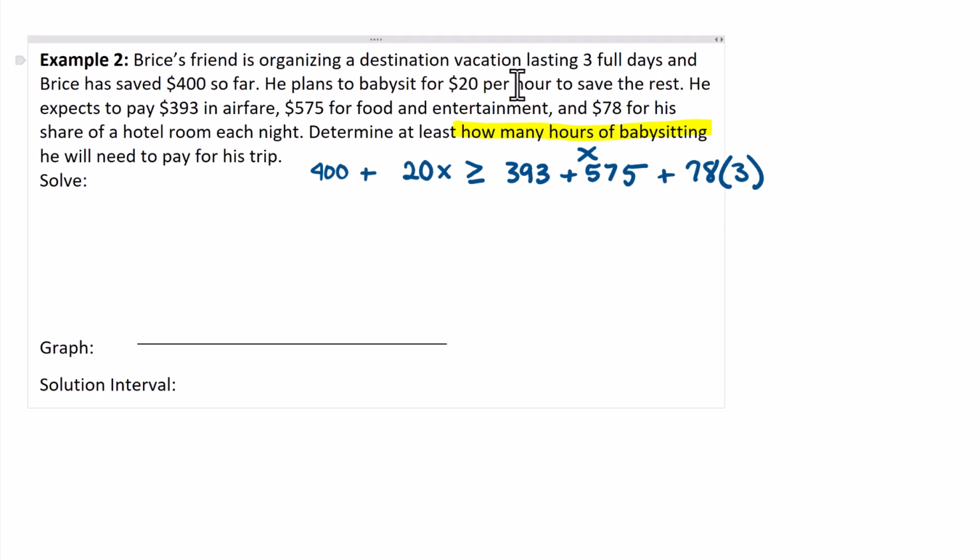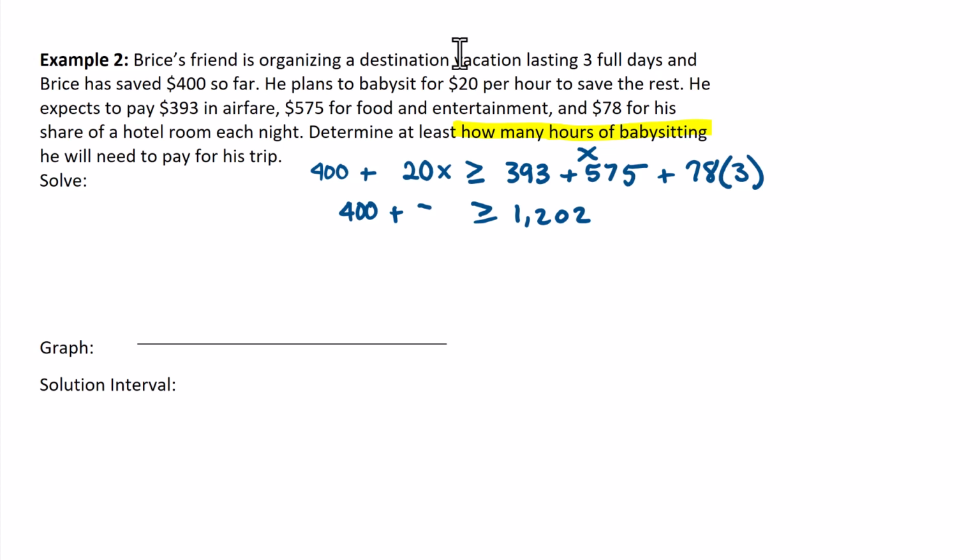So this inequality will need to be simplified quite a bit. If we add up all the stuff on the right side, we should get $1,202. And if we add everything on the left, we'll get 400 plus 20x is greater than or equal to 1,202.